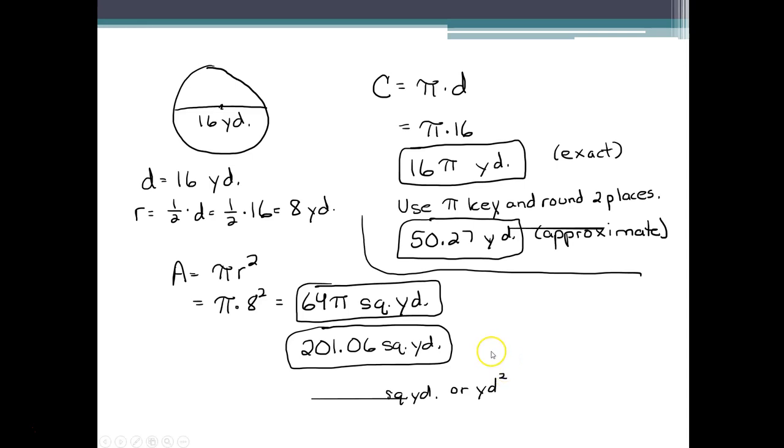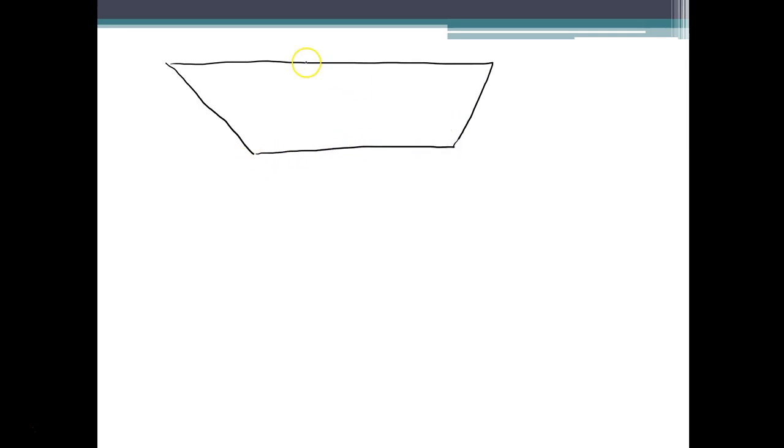Alright, so there's the circle. Now with all this area stuff, in your problems you're also going to have to do some problems where it says, find the area of the shaded region. You're going to have shapes within shapes.